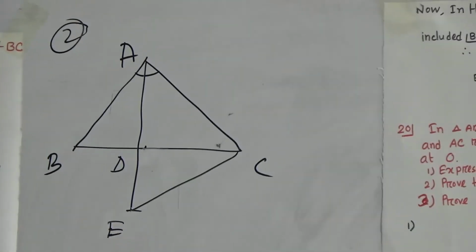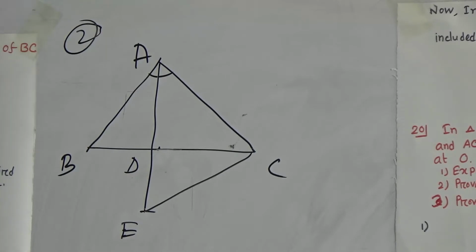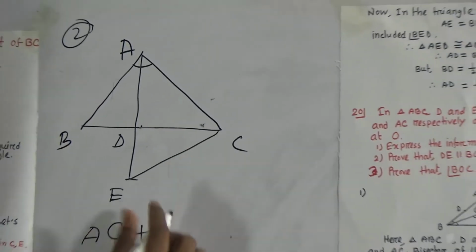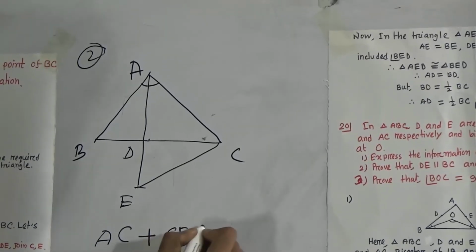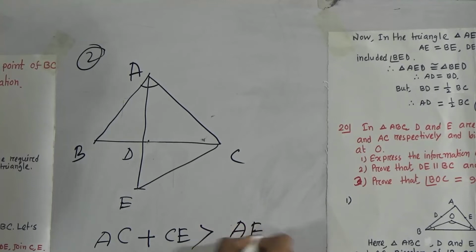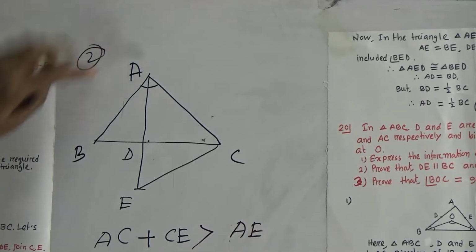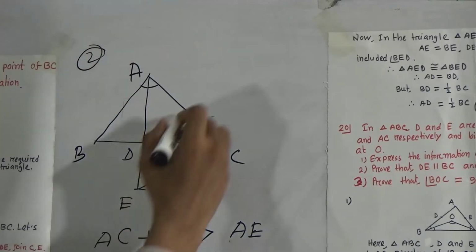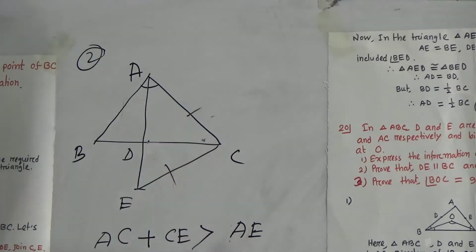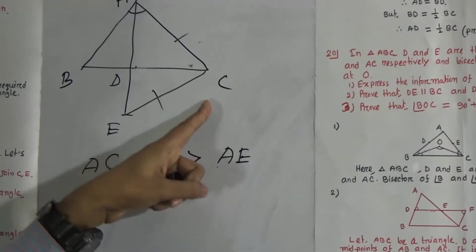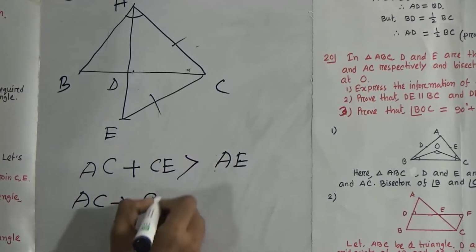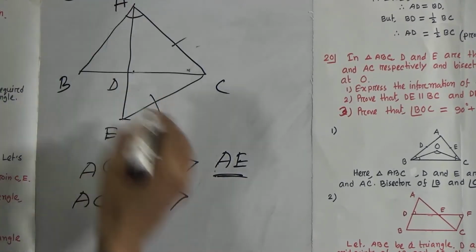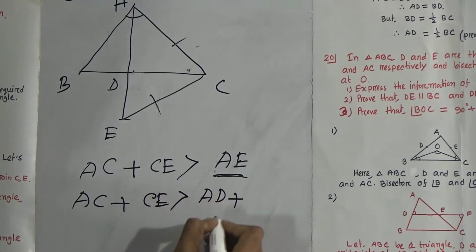That means AC plus CE is greater than AE, for triangle AEC. Now AE means AD plus DE.